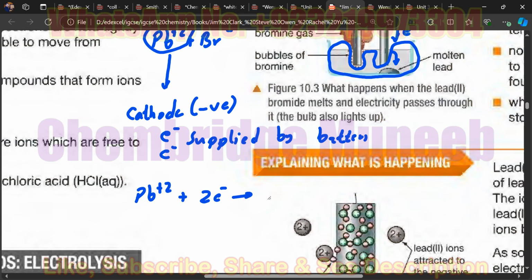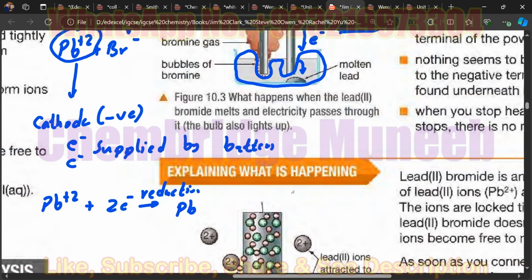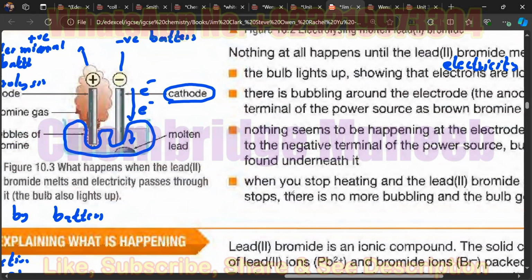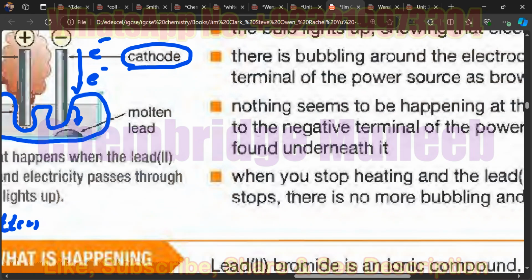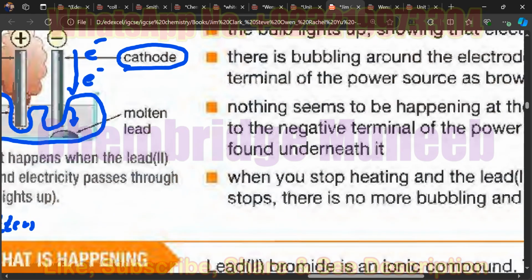As a result of gaining the electrons, the reduction reaction occurs and it converts into metal atoms, which in this case is the lead metal. And since it was in the molten form, why is it in the molten form? That's a question here. Why is it not in the solid form?